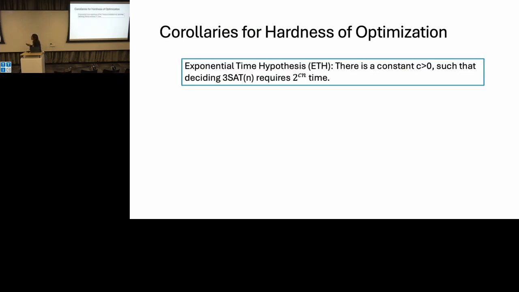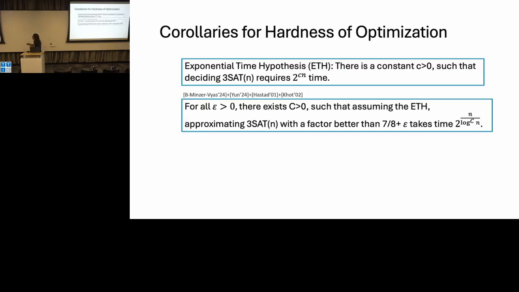And using the standard framework of converting PCPs into hardness of approximation results, we get that, under the exponential time hypothesis, which says that solving 3-SAT takes exponential time, even approximating 3-SAT to a factor which is significantly better than random takes 2 to the n by polylog n time.